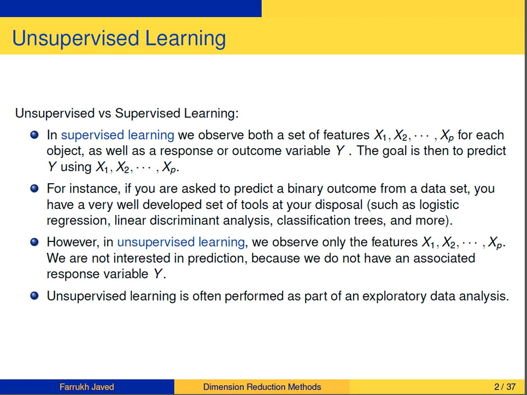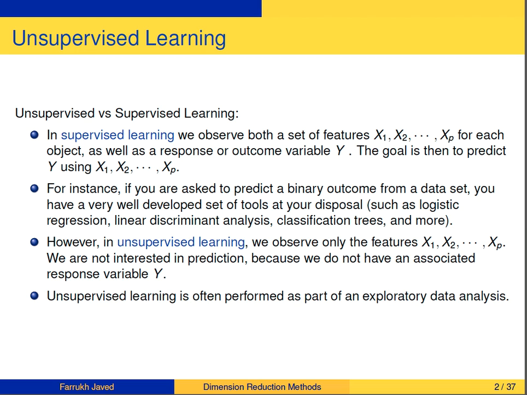But in unsupervised learning, we observe only the features. There is no y involved in unsupervised learning. We are not interested in predictions. We do not have any association with the response variable y. We are only interested in x, in the set of predictors.